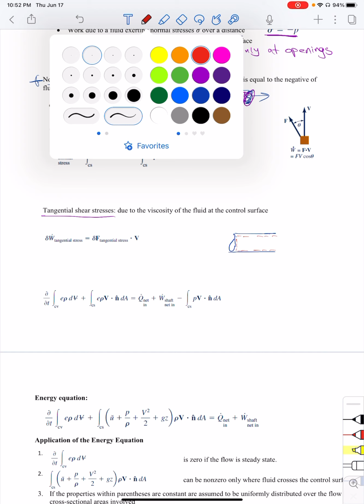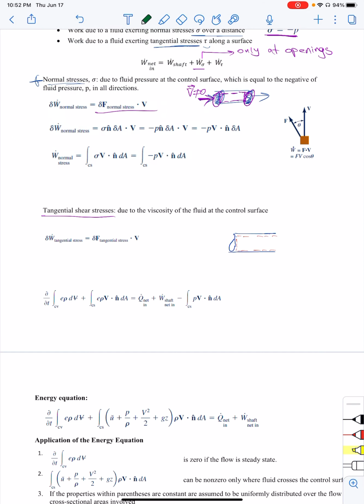So if you remember, we have shear stress all near the surfaces, right?